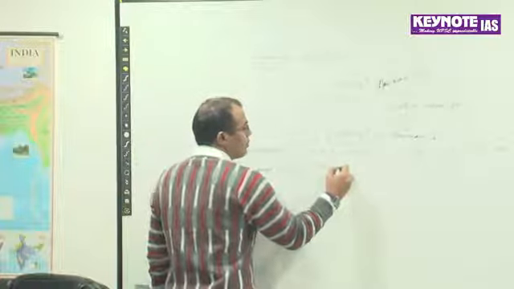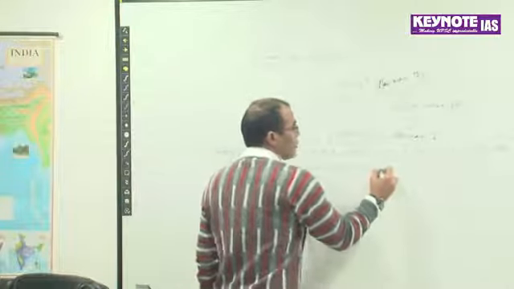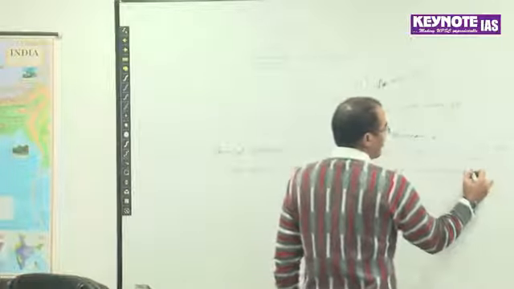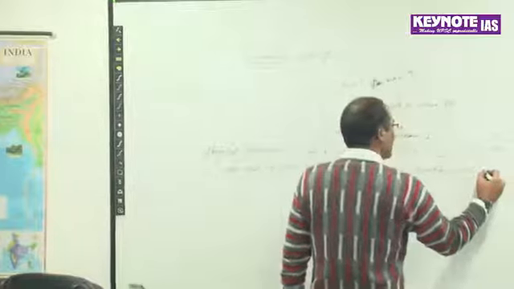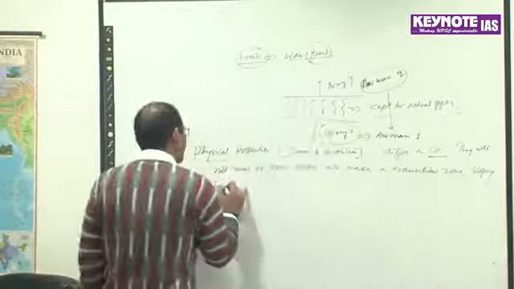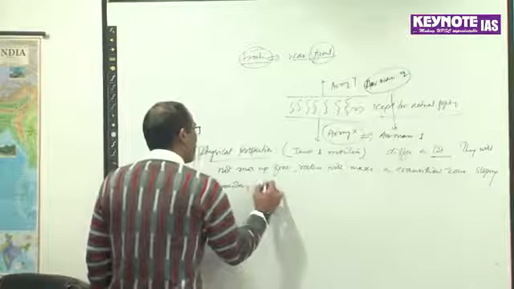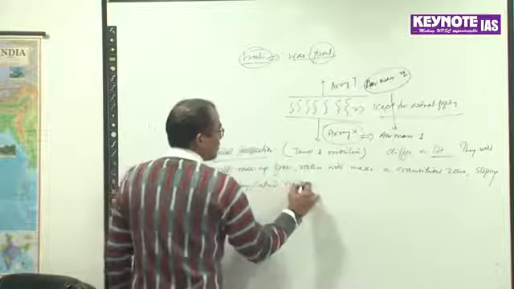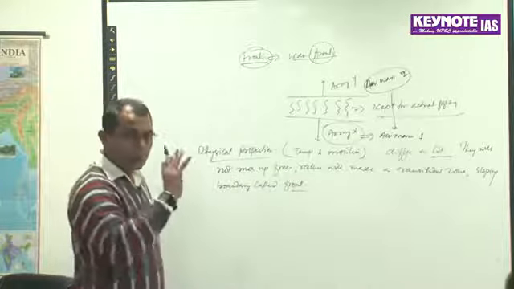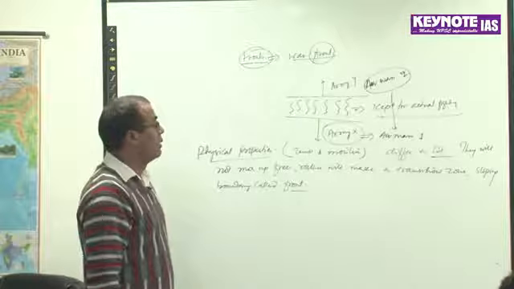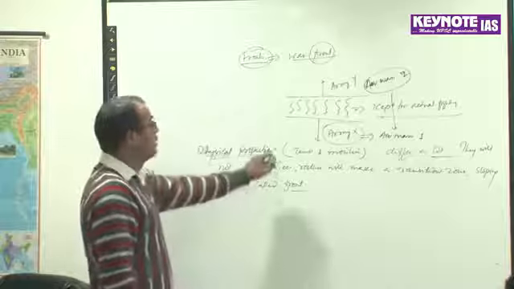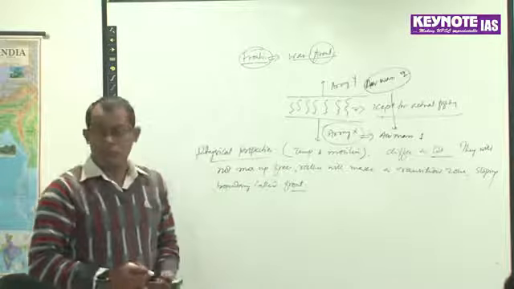Rather, they will make a transition zone of sloping boundary called a front. Here you have attacking zones where the winds attack each other. So how the Rossby wave will form, we are just using that part. Fronts we will discuss tomorrow.